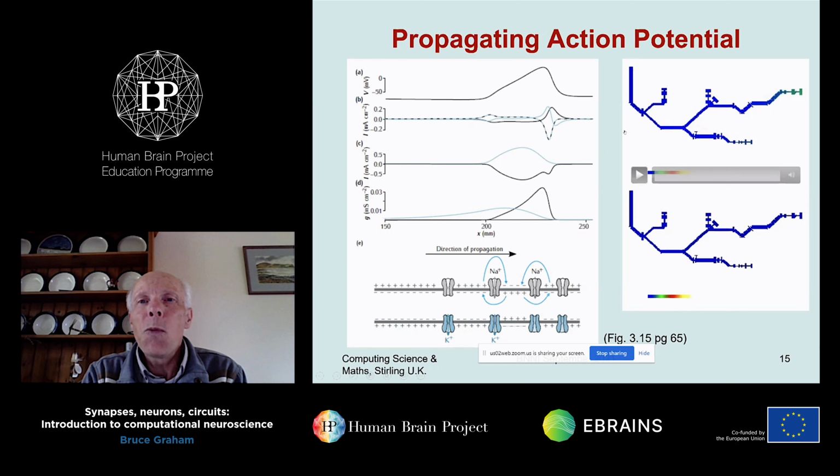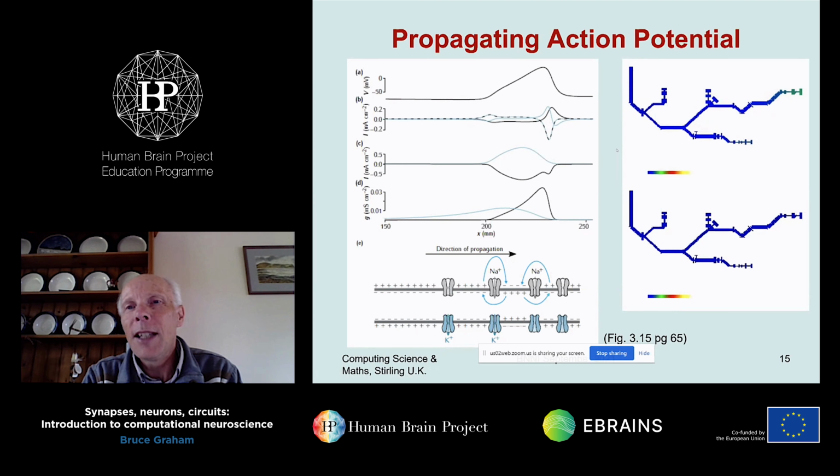But what we can do, which you cannot do experimentally still, is visualize and look at the flow or the spread of the action potential along this sort of complicated axon.